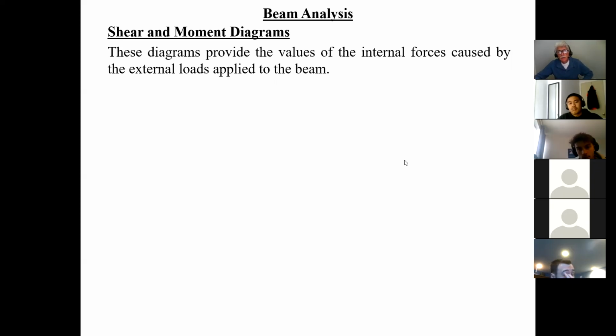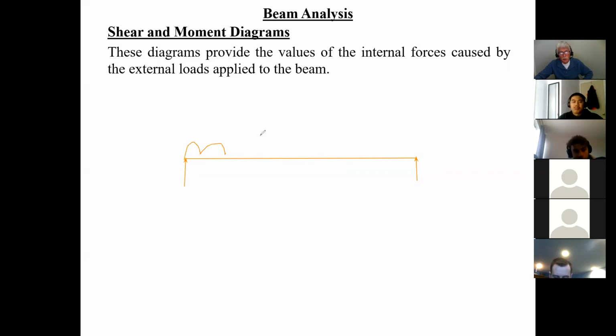Okay, let me do something. Here's a beam, and of course I'm going to be very lazy.